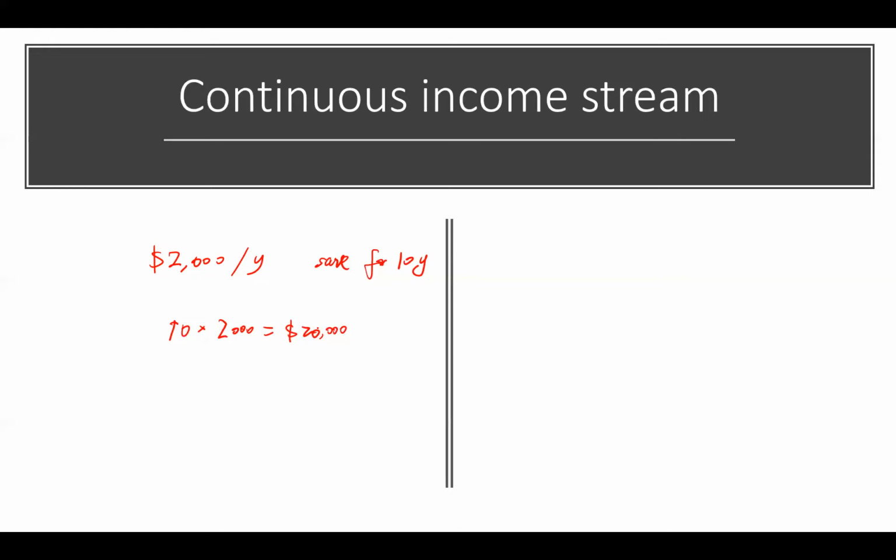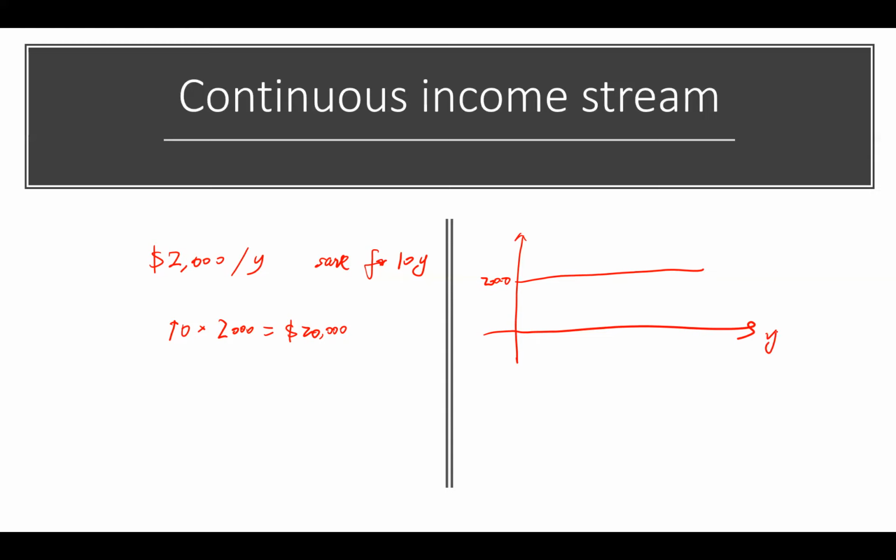Additionally, we can look at the problem from another perspective, where we represent the savings, the income, as a continuous stream, right? This is our income, and it's always 2,000, 2,000. And this axis is the number of years.